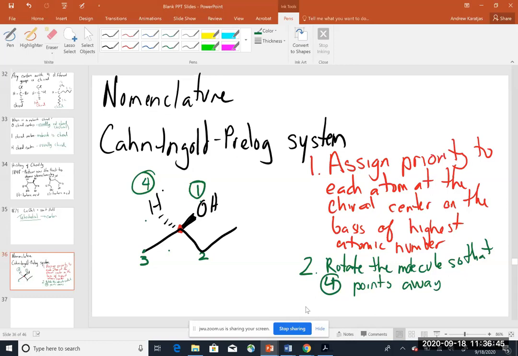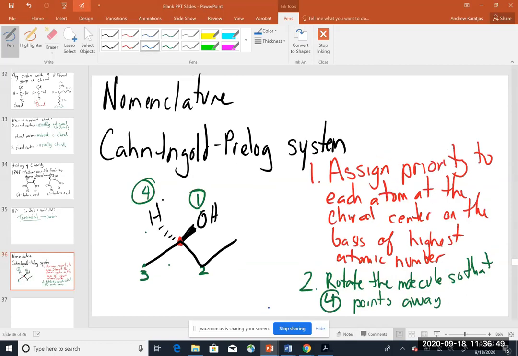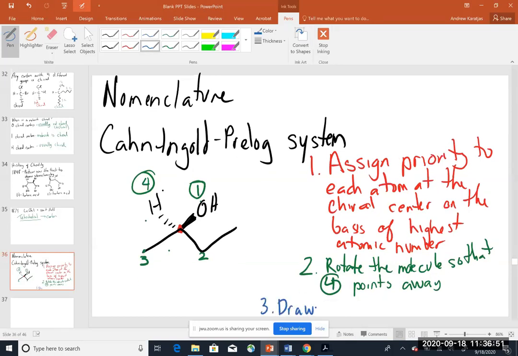Once you've done that, you'll draw an arrow that goes from highest priority to second priority to third priority. And then the name of the chiral part of the molecule is all based on the direction of that arrow.